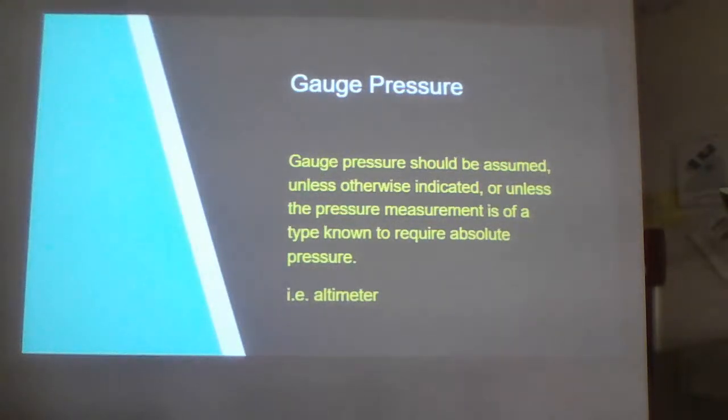So unless it's something that is kind of a set standard that we know uses some other type of pressure reading, or unless it is directly pointed out to you that you need to use absolute pressure or some other type of pressure reading, then the assumed pressure reading is going to be a gauge pressure.